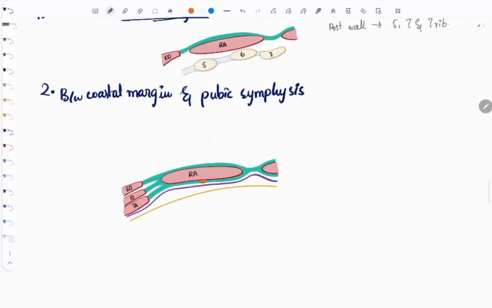At the second level, which is between the costal margin and pubic symphysis, the aponeurosis of internal oblique splits into two, the anterior lamina and the posterior lamina, which completely surround the rectus abdominis.